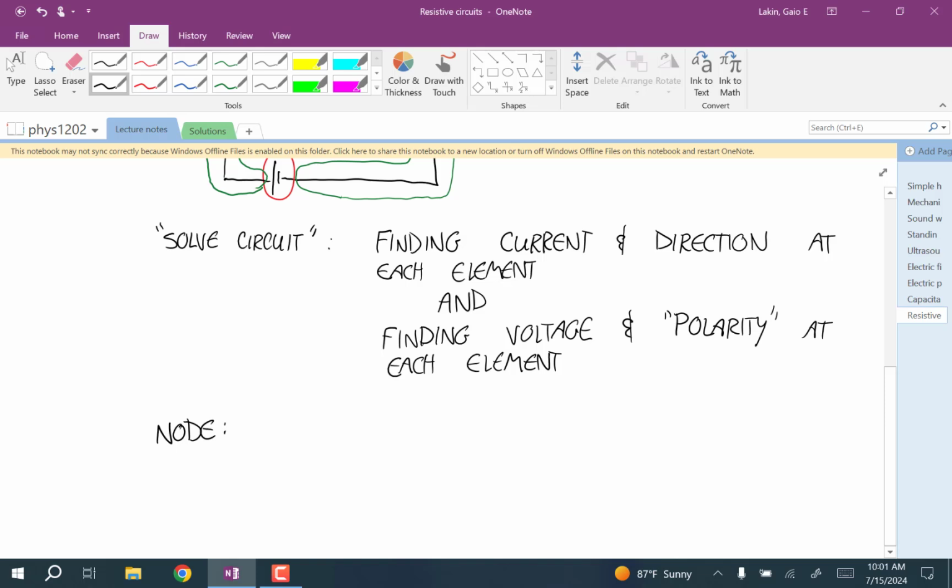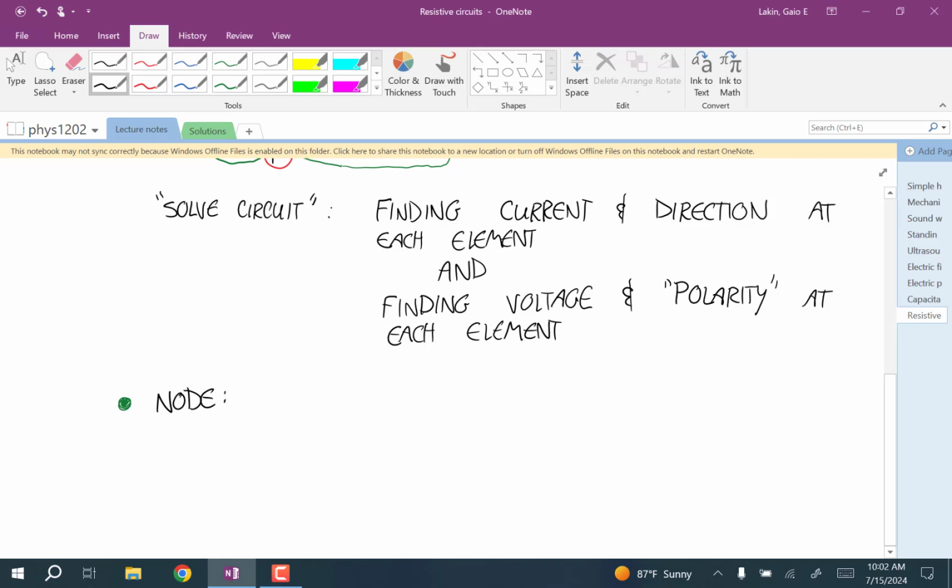The nodes, so that's the stuff in green in the picture above, are all the, I'm going to just call it wire, but it's all the wires in the diagram that can be reached without passing through an element.